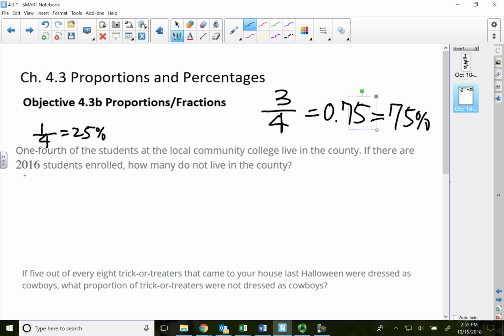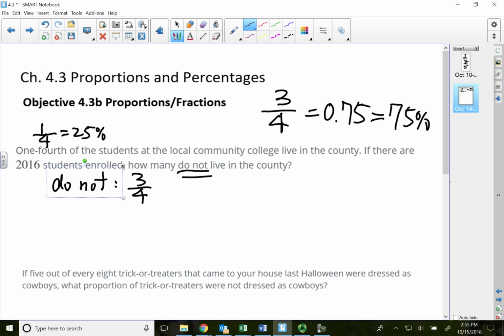If there are 2016 students enrolled, how many do not live in the county? Again, I can use the complement rule to find the answer a lot quicker. 1/4 live in the county, so those who do not live in the county have to be the other 3/4.